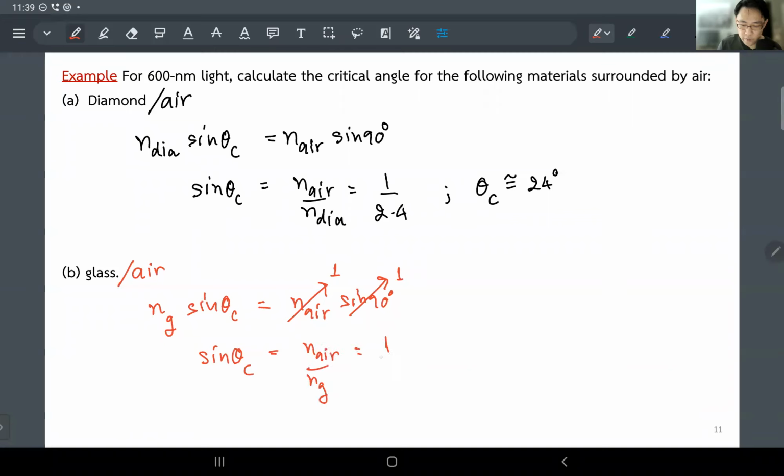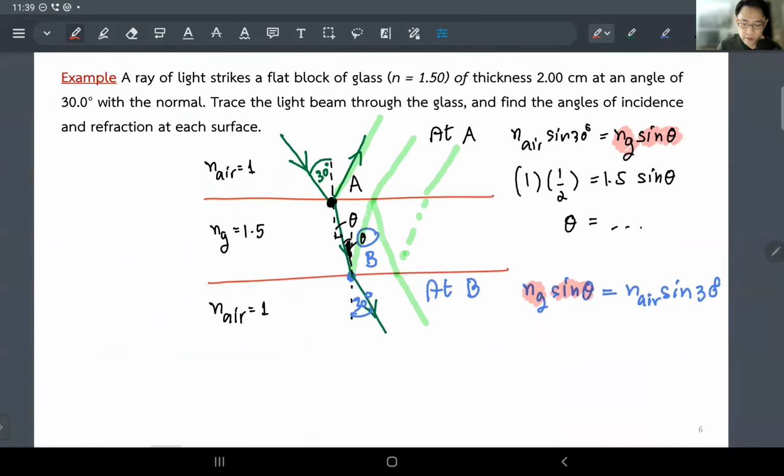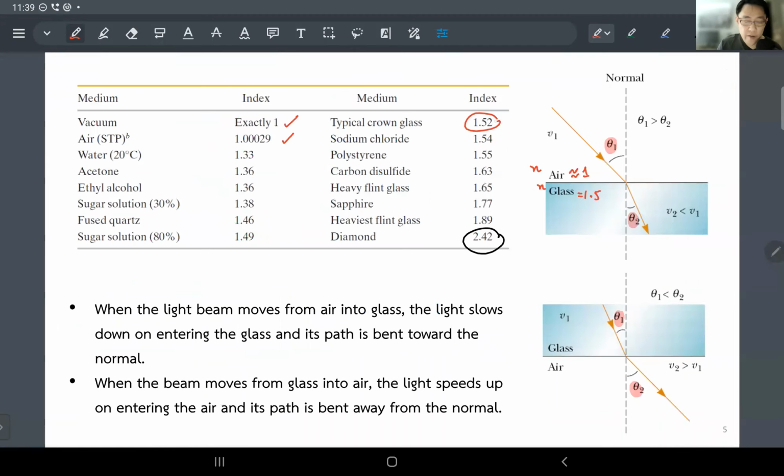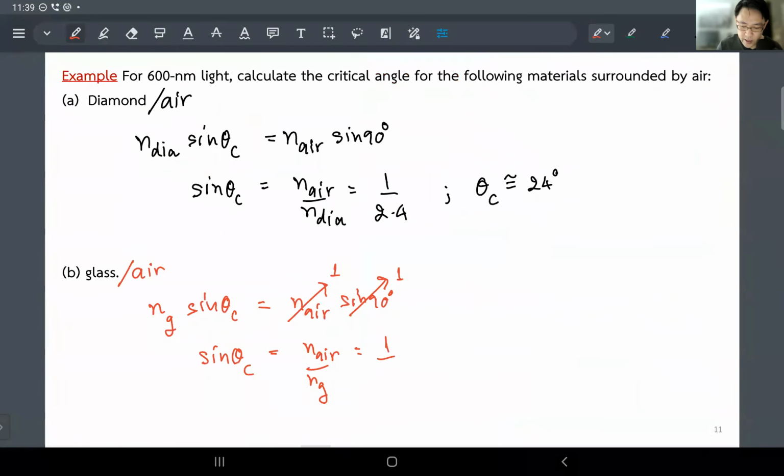And that's 1 over, once again, refer back to our table here. You can take 1.5, let's say, for the glass. So N of glass is about 1.5. There you go. If I remember correctly, this one is approximately about 42 degrees.